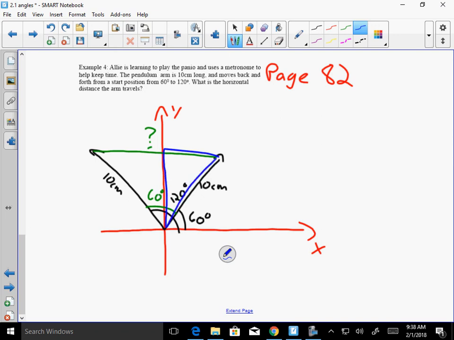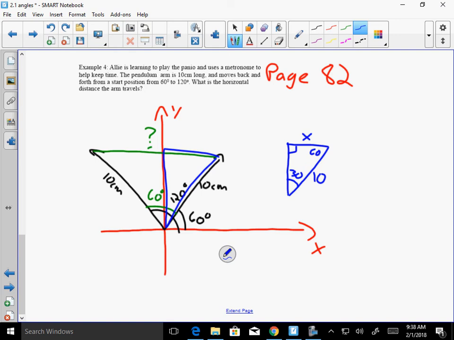If I redraw that out, this would be half the distance of 60, which is 30. This is 90 degrees. This would be 60. And I know that's 10, and I'm trying to solve for this here.